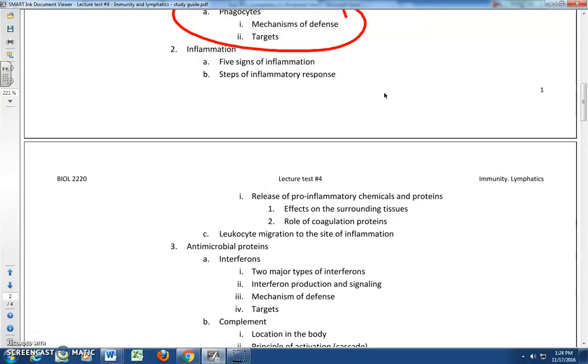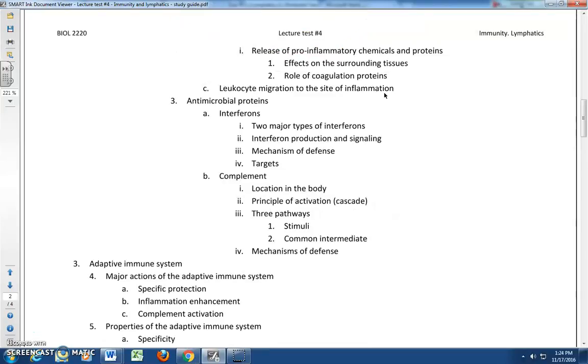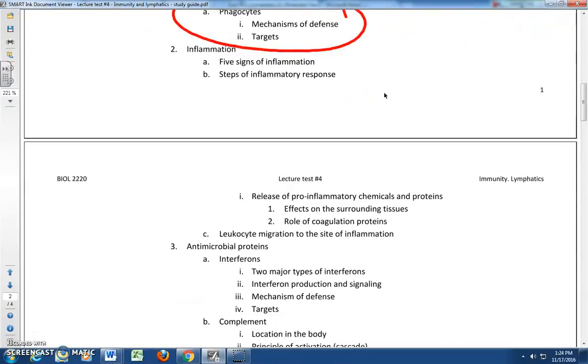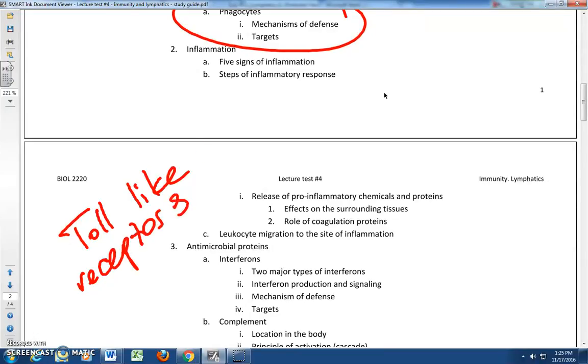Now, antimicrobial proteins. One thing that I'm missing here, actually, and I will write it down: toll-like receptors. You don't have to know that, say, TLR5 recognizes flagellin.